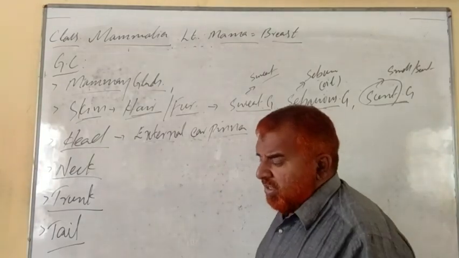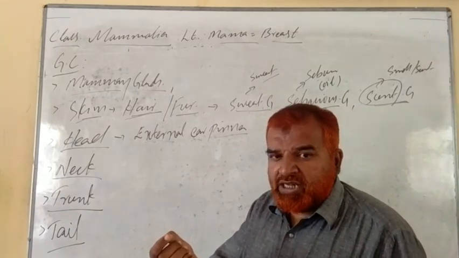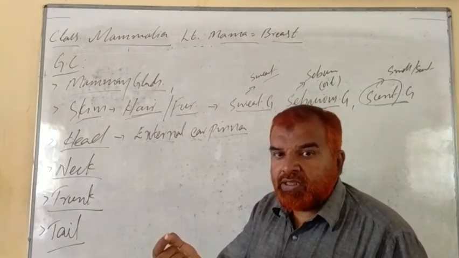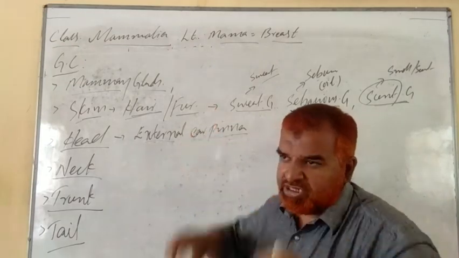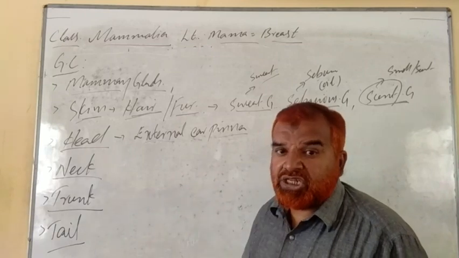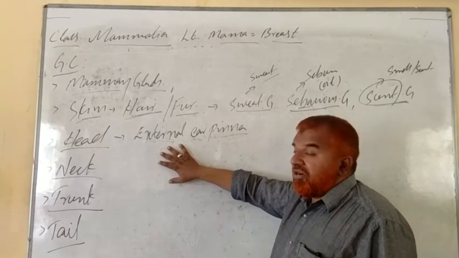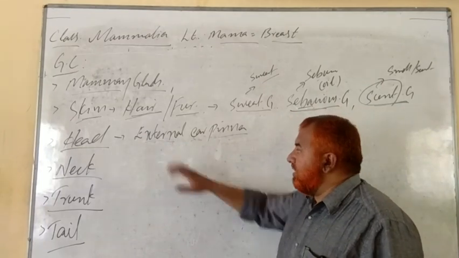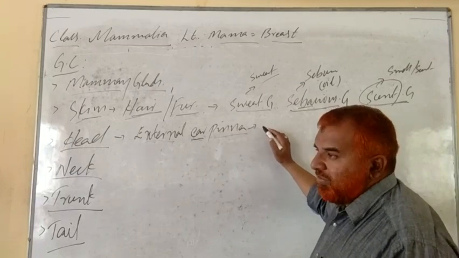Rats, bandicoot, mice also possess small external ear pinna. Rabbit and hare also possess external ear pinna. All animals possess it, so this is the main distinctive characteristic of mammals. This ear pinna is made of cartilage and also covered by hair.